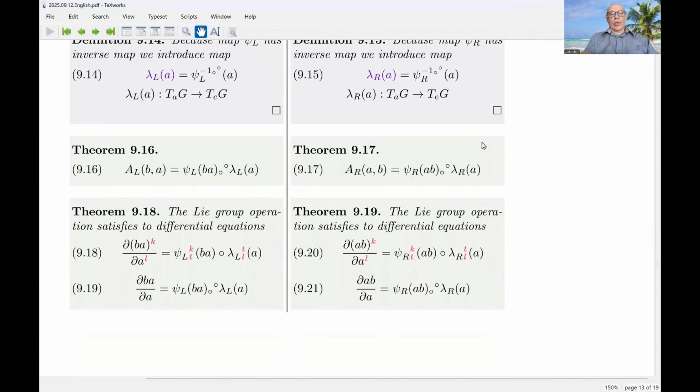Theorem. Lie group operation satisfies the differential equation 9.18.